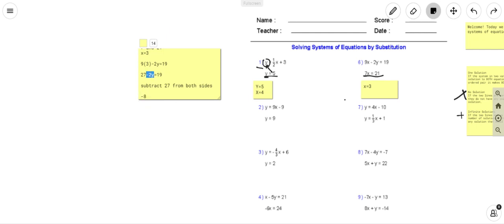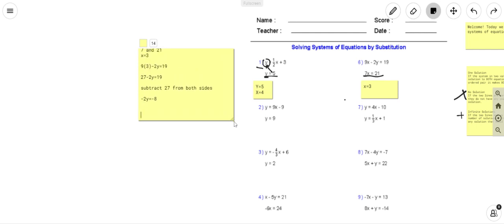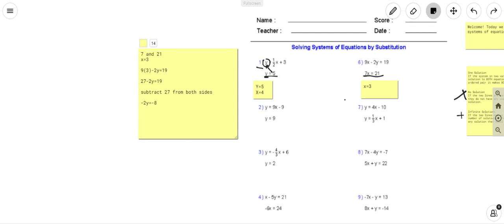And we'd still have this to keep in mind. So negative 2y equals 8. And what would we do here? How do we simplify this even further? If you said that we would divide by -2, you were correct, because the opposite of multiplication is division.